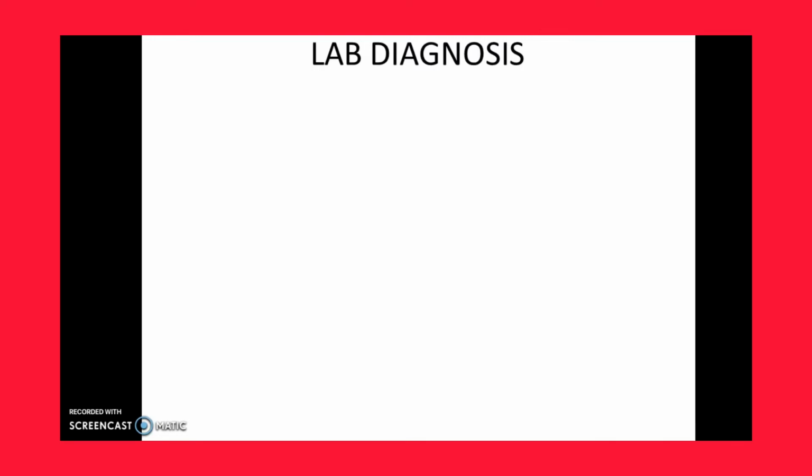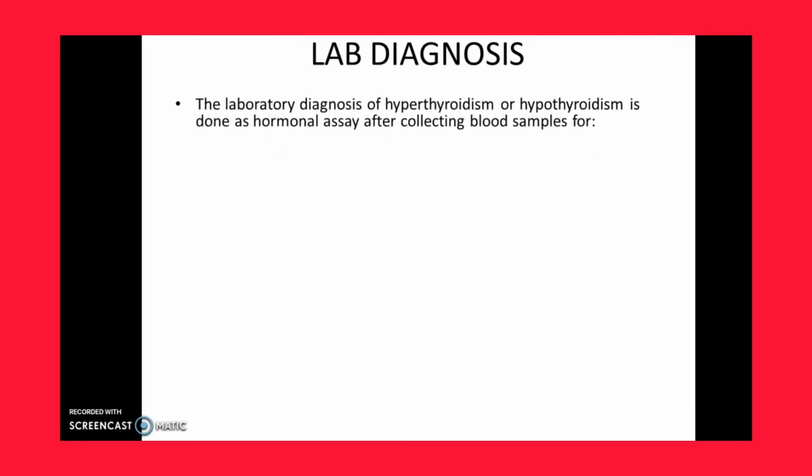Lab diagnosis, that is where it concerns more the confirmation of hyperthyroidism or hypothyroidism, and it's based in the hormonal lab. The normal values you get is 5.0 to 11 microgram per deciliter for thyroxine, and anything lower than 5 is regarded as hypothyroidism, while anything above 11 is regarded as hyperthyroidism.